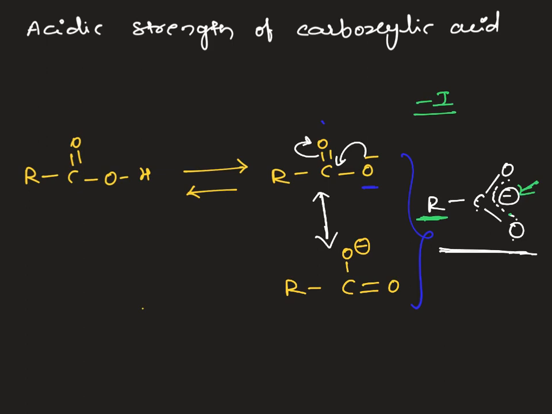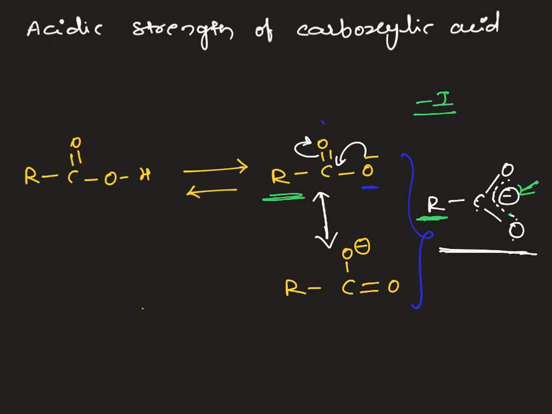If we insert a minus I group, it stabilizes the carboxylate ion and the acid easily loses H plus, and the substance which loses H plus easily has higher acidic strength.